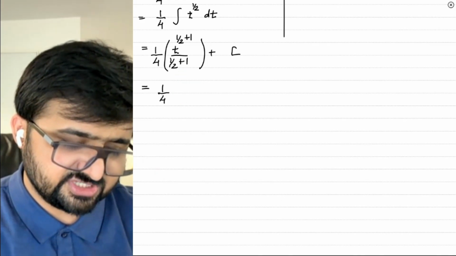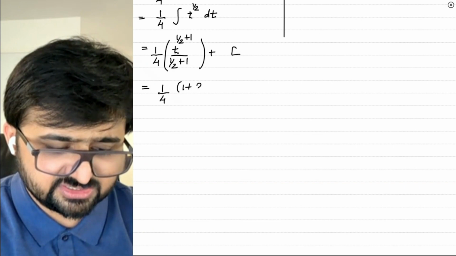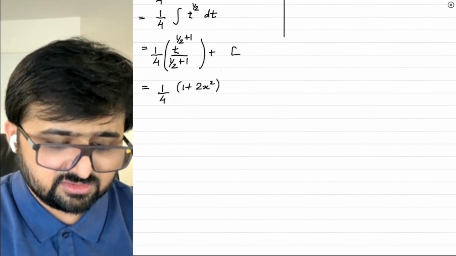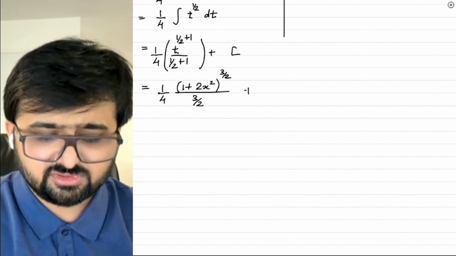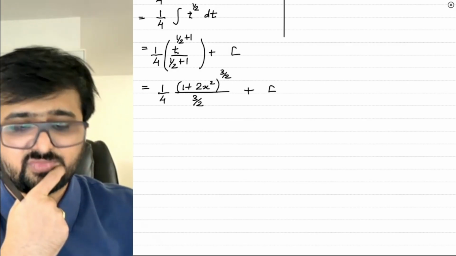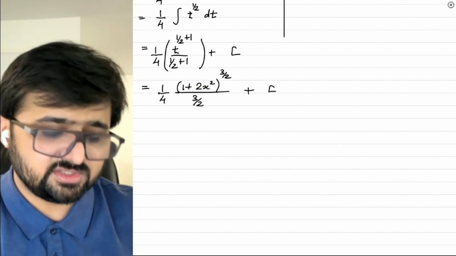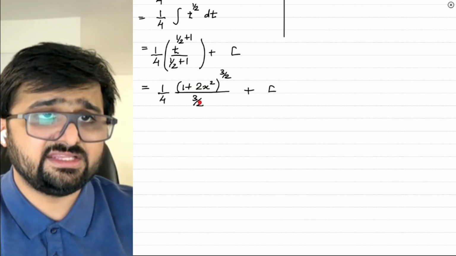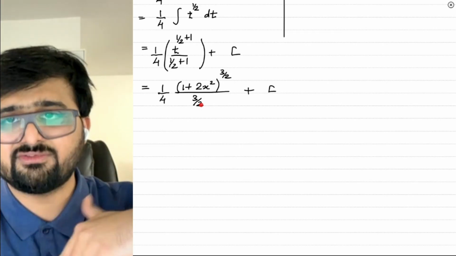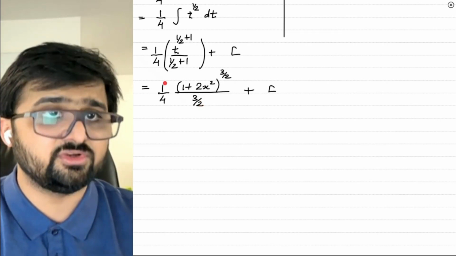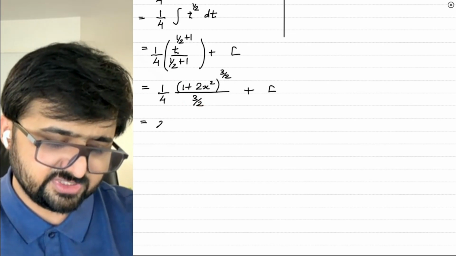We need to substitute, instead of t, 1 plus 2x square to the power 3 by 2 over 3 by 2 plus c, because t is 1 plus 2x square. Now this 2 is in the denominator's denominator. Denominator's denominator always goes in the numerator. So this 2 can go in the numerator, so that will be 2 by 4.